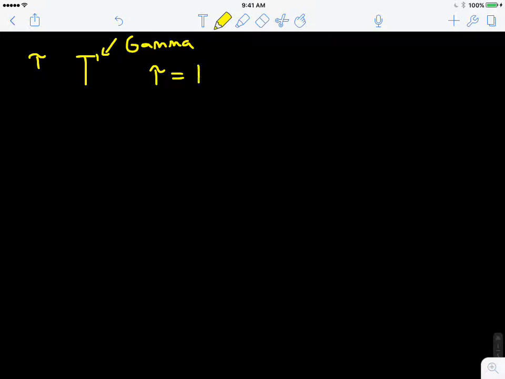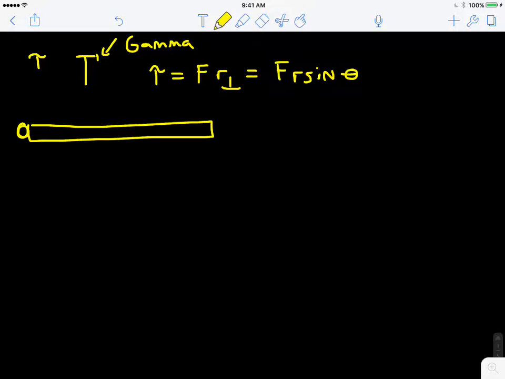It's defined as the force times the perpendicular displacement, which turns out to be F times r times the sine of the angle. If we have a lever with an axis of rotation on the left-hand side, and we apply a force, that force is pushing it down.